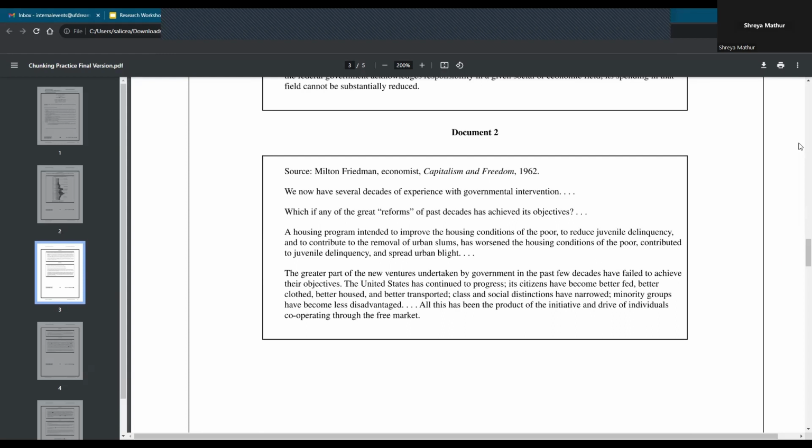In the era beforehand, FDR had the big New Deal, which was an extreme amount of government spending and a lot of centralization. So this document is arguing against it. Can we group the graph, document one and document two in the same group? Yes. And that's basically what I'm trying to do.